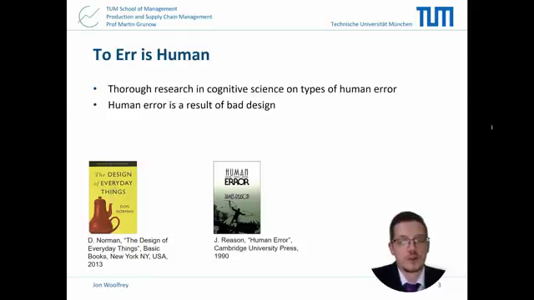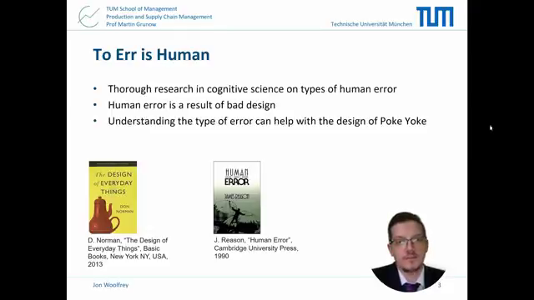So as Don Norman would say in his book, human error is a result of bad design, not people. And this again ties to the idea in lean production that we blame the process, not the person, when error and defects occur. And by understanding the type of error, this can help us design better Poka-Yoke devices.